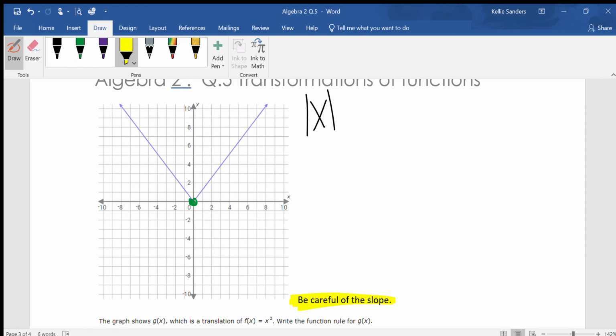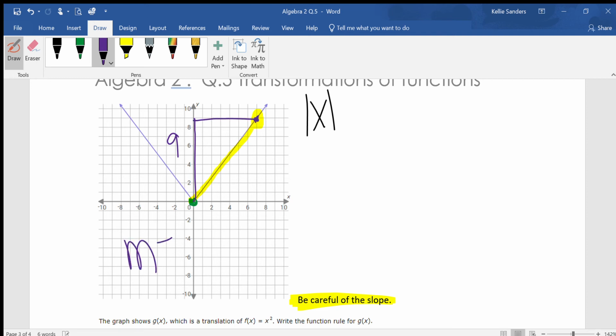But it doesn't just go up 1 over 1 every time. So what I'm going to do, I'm going to follow that 0, 0 until it goes exactly through another corner, which would be this one right here. And so what would happen is I had to go up 9.